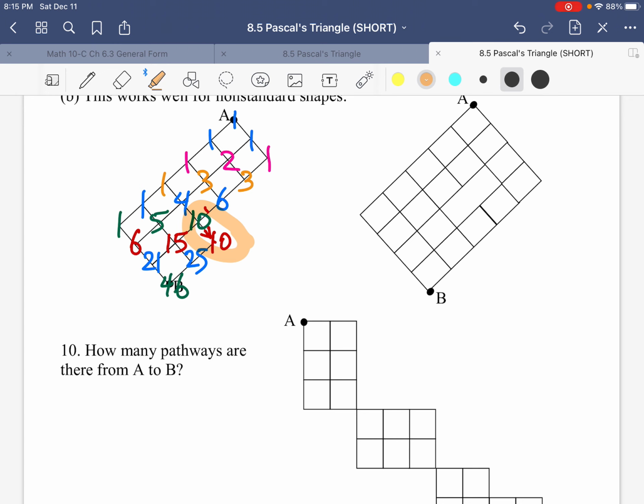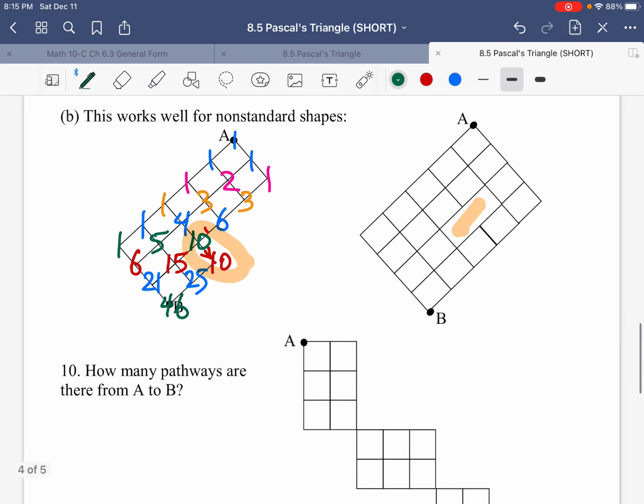All right? And once again, be careful. That is the non-standard shape. That makes the numbers different. And you'll notice here, we have a non-standard shape. So 1, 1, 1, 1, 2, 1, 1, 3, 3, 1. 4, 6, 4, 1, 1, 5, 6, 4 is 10.